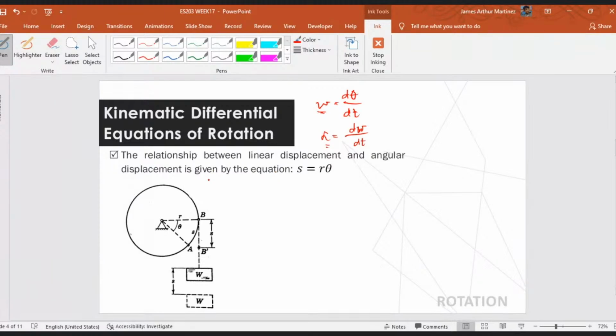So, what is the relationship of linear displacement and angular displacement, and velocity and acceleration? Naa sila relationship, class. So, let's consider this system here.